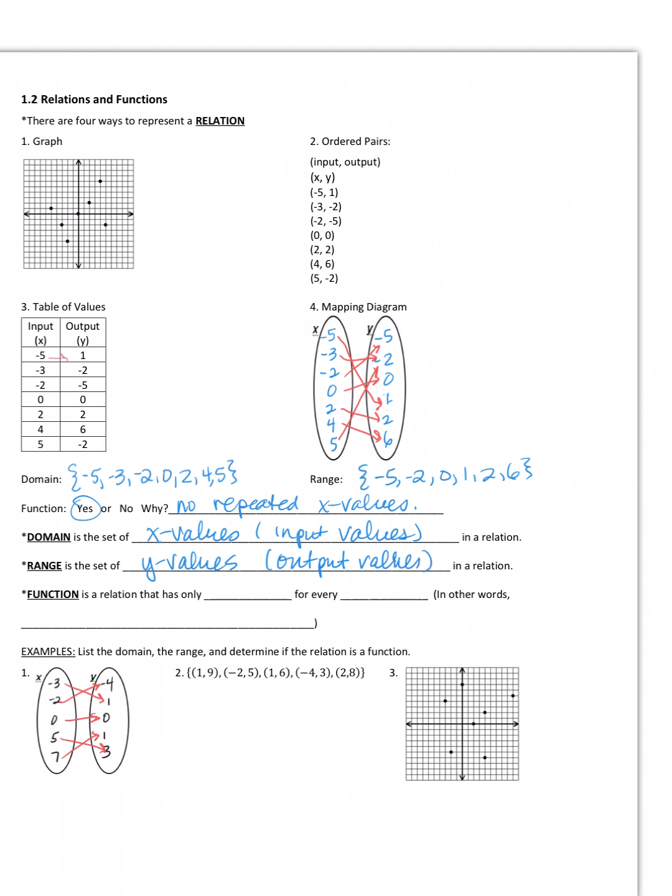Okay, all input, all output, okay? Now, a function is a relation that has only one output for every input. In other words, no repeated x values.